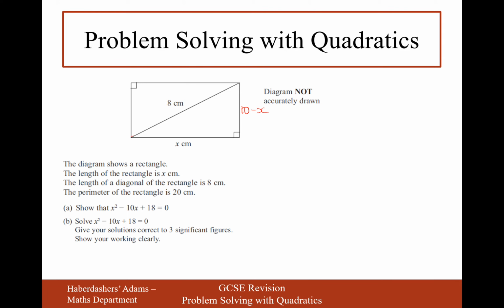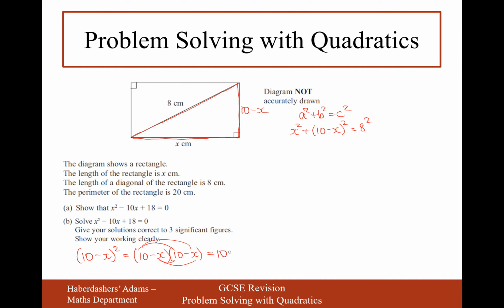Now we're going to use Pythagoras' theorem to set it equal to 8 squared. So Pythagoras triangle here, it's going to be a squared plus b squared equals c squared. So a is going to be x squared, b is going to be 10 minus x all squared equals 8 squared. Now the only way you should be squaring a bracket is considering it as a double bracket. 10 minus x times itself, because when you square things you times them by itself, so it's good to think of this as a double bracket question.